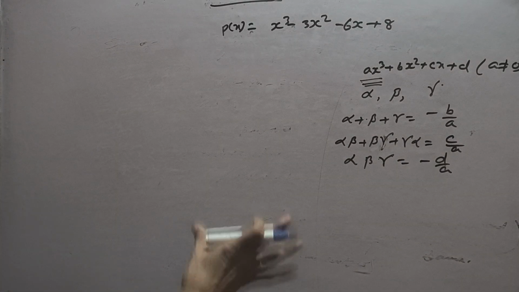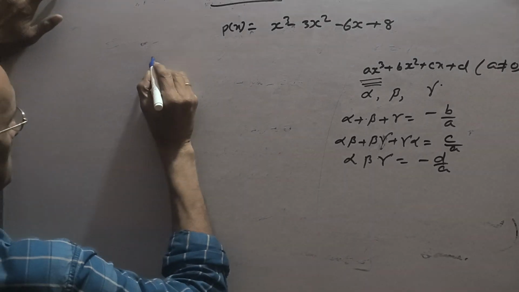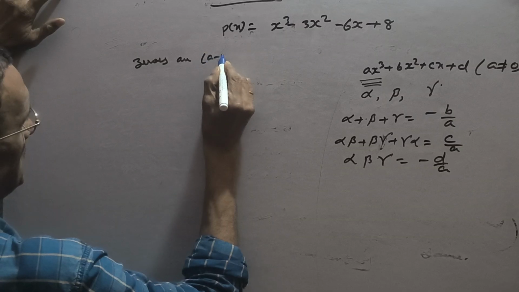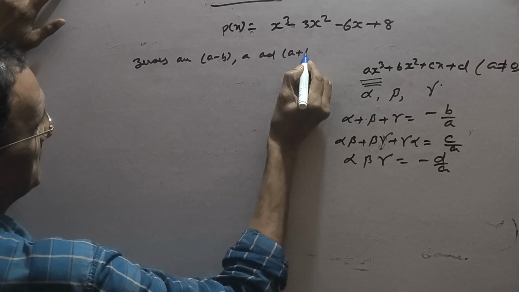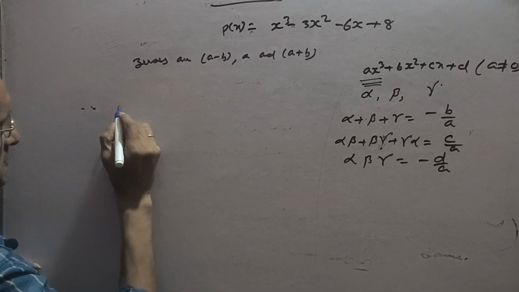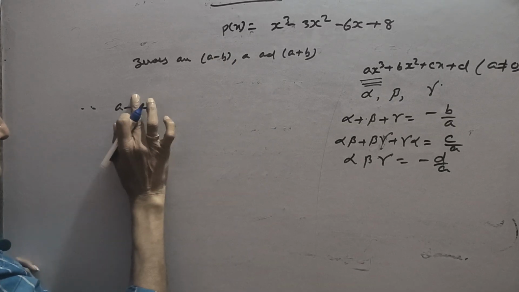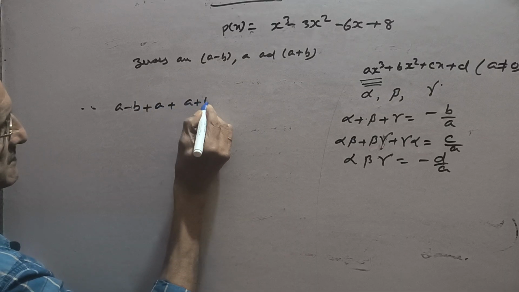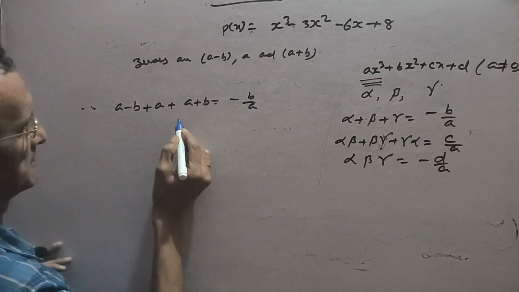But here in this particular question, it is given that the zeros are a minus b, a and a plus b. So therefore, find the sum of zeros. This plus this plus this, and the formula is minus b by a.